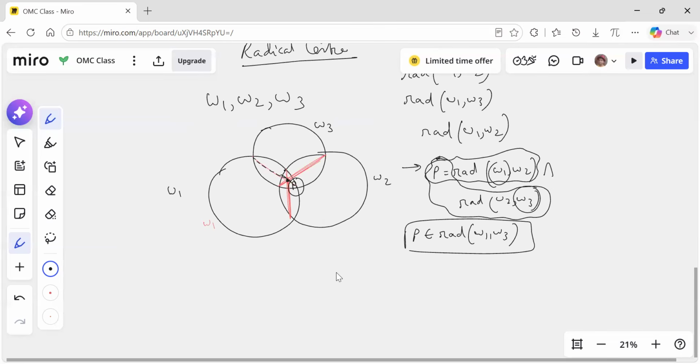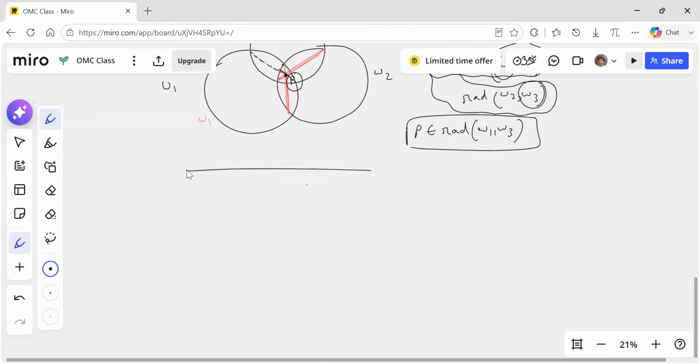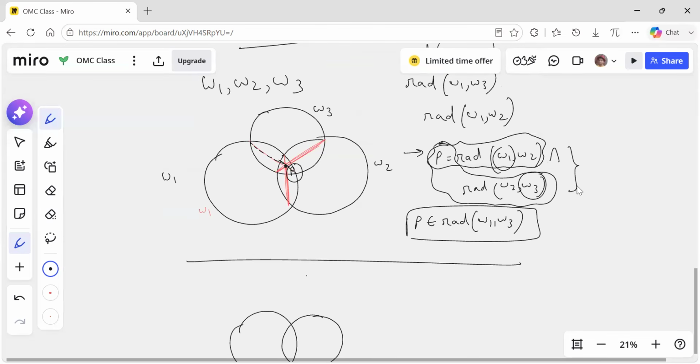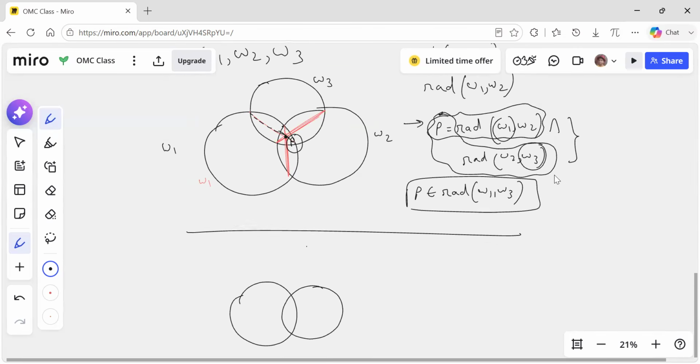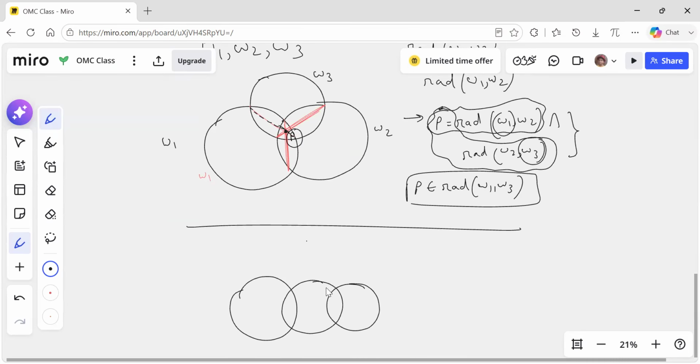Now that we know this, we also need to know another case when radical centers do not exist. Whatever proof relied on was that these must intersect, but nobody has said that these will always intersect. It might happen that this one is omega 2, this is omega 1 and omega 3, and the centers are all collinear.